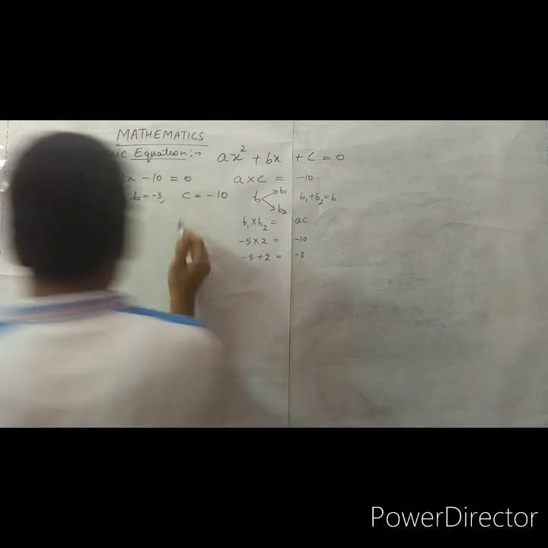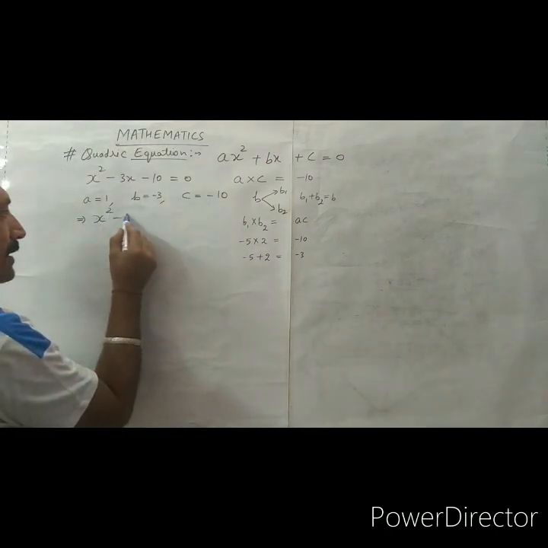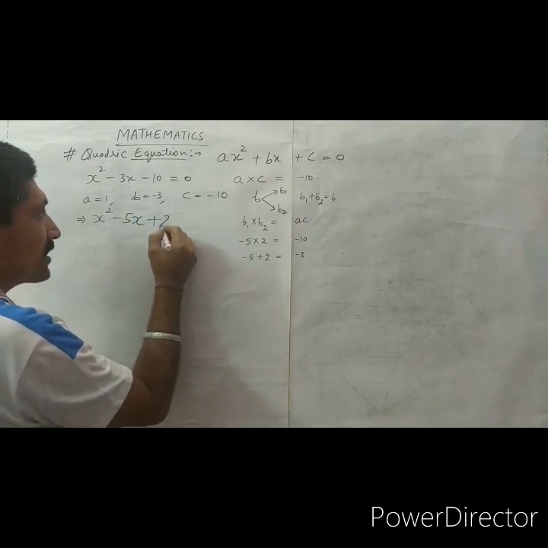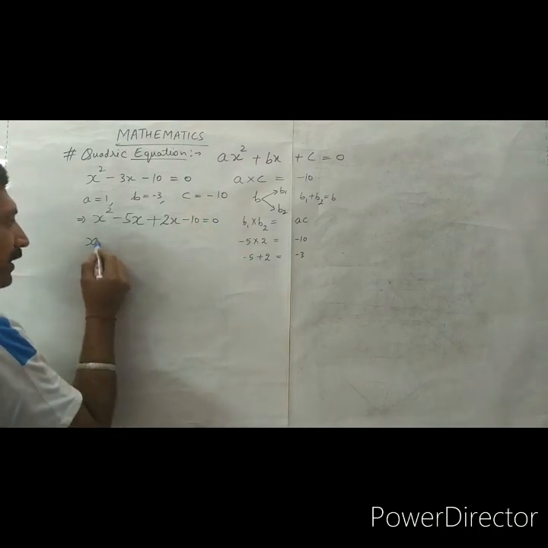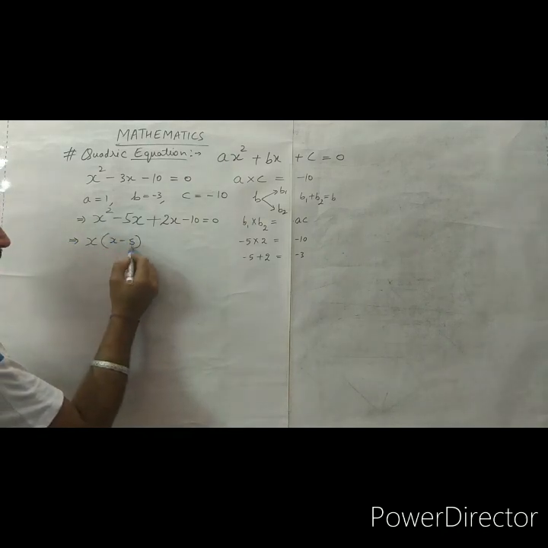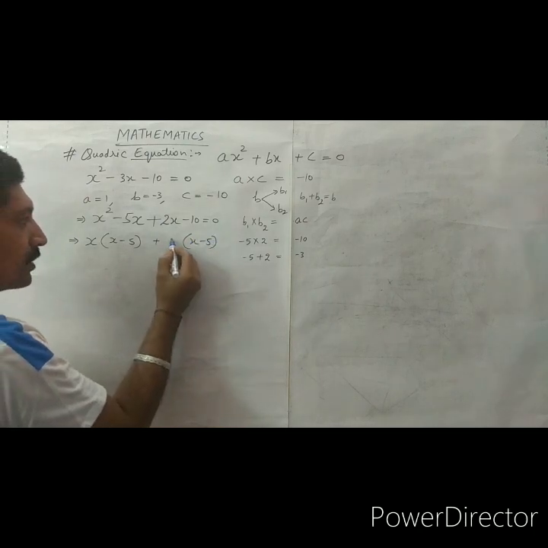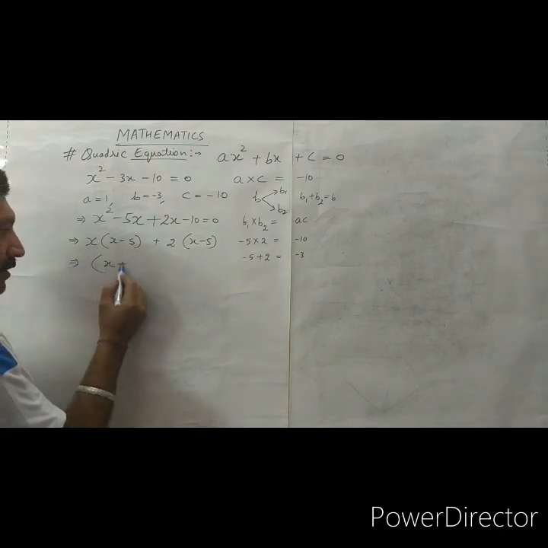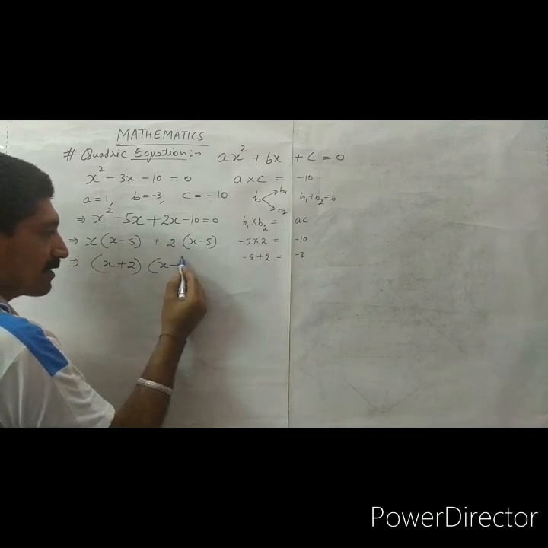Now let's solve it. This implies x square minus 5x plus 2x minus 10 is equal to 0. So take x common from the first two terms: x into x minus 5, plus 2 common from the last two terms, 2 into x minus 5.